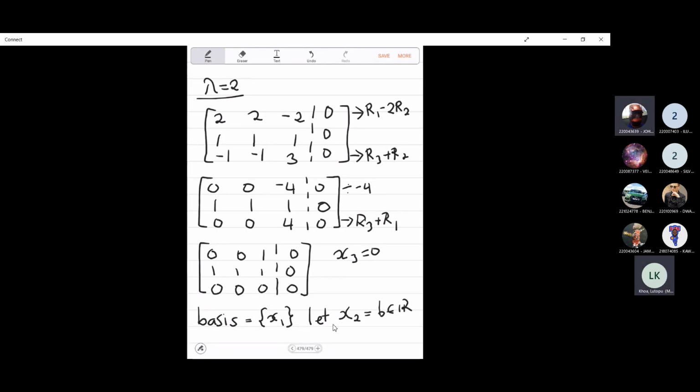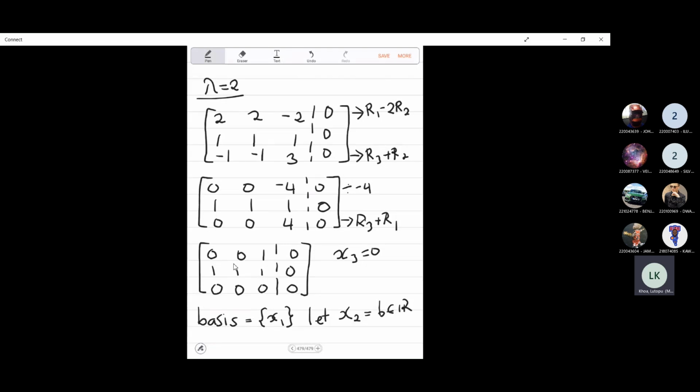Okay, then again, the reason I picked b here is because with the first eigenvalue, I used a, so this time I just want to use a different one. Then what I need to do is rewrite x1 in terms of x2.